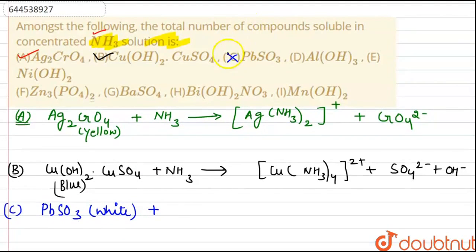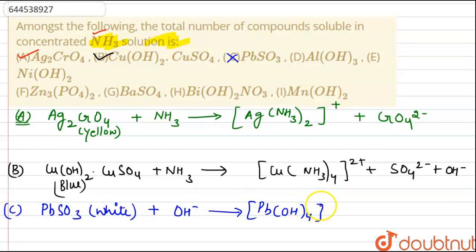In place of ammonia, it is soluble in sodium hydroxide, that is when it reacts with OH-, the product we get is [Pb(OH)4]2-, along with SO3 2-. So it is soluble in sodium hydroxide, not in ammonia.